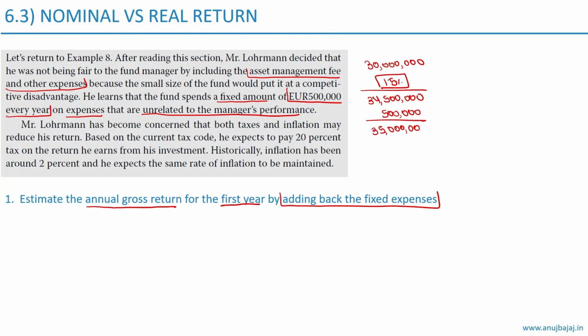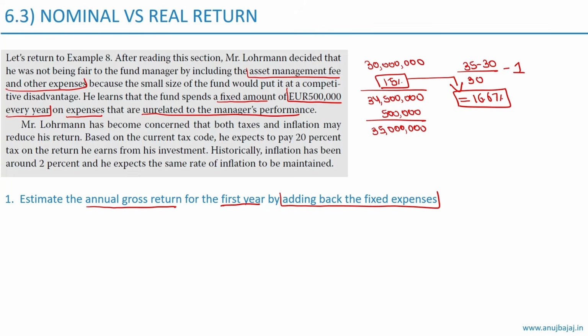Now let us calculate the gross return. We take 35 million euros, divide by 30, and subtract 1. And we should get the gross return to be 16.67%. This is consistent. The gross return is always higher than the net return.